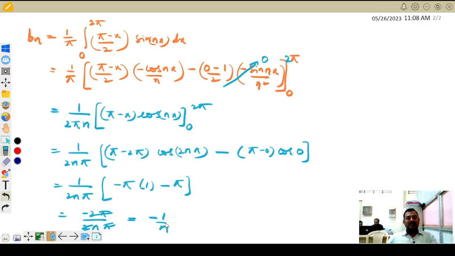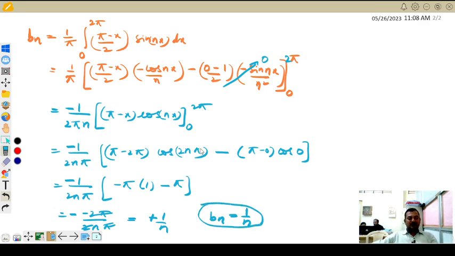Just we need to check. As I told you already, here I am going to take this minus sign outside. So minus minus will become plus. Therefore, bn value is equal to 1 by n, students.